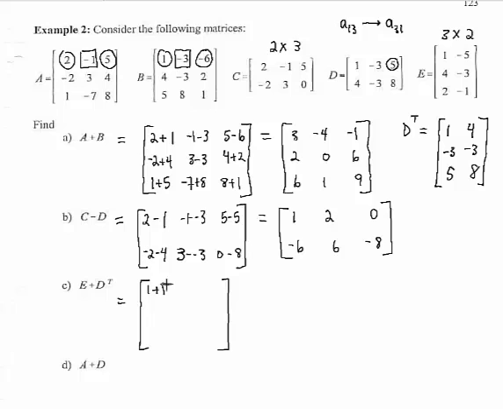We would get 1 plus 1, -5 plus 4, 4 minus 3, -3 minus 3, 2 plus 5, and -1 plus 8. So to carry out the addition, we'd have 2, -1, 1, -6, 7, and 7.